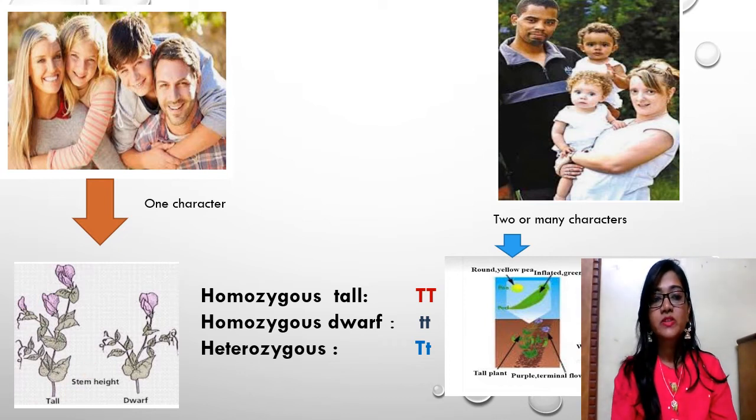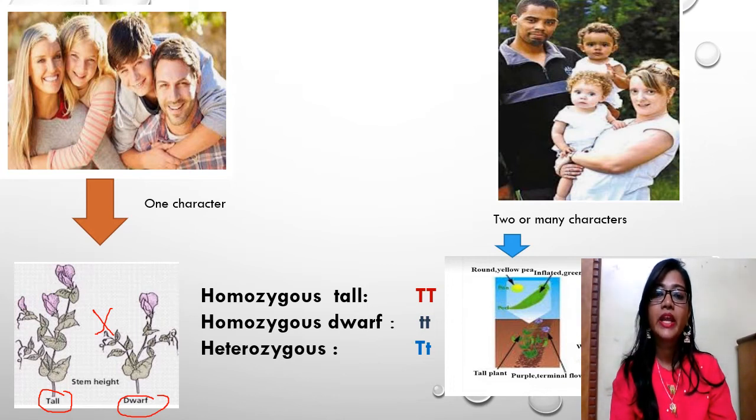Crossing the two plants means we hybridize them. So by crossing capital T and small t, we get capital T and small t, all tall plants which are heterozygous in nature.